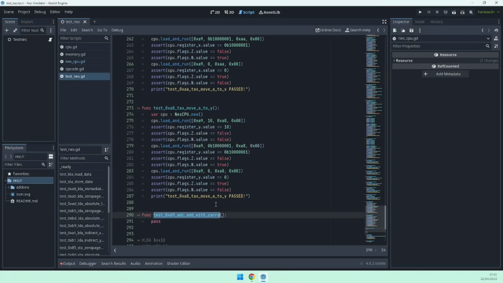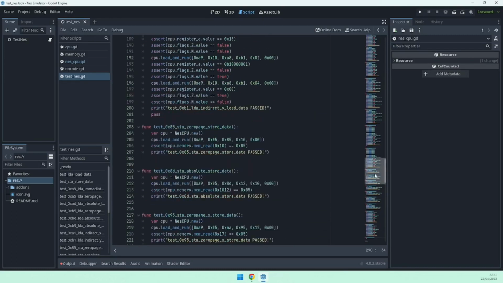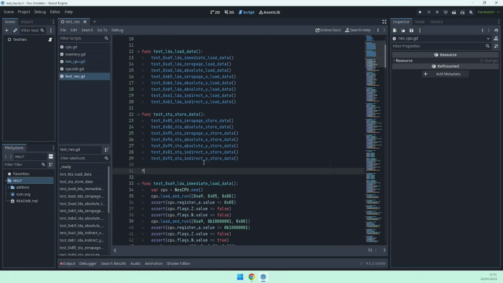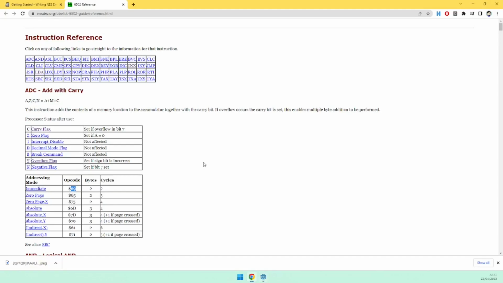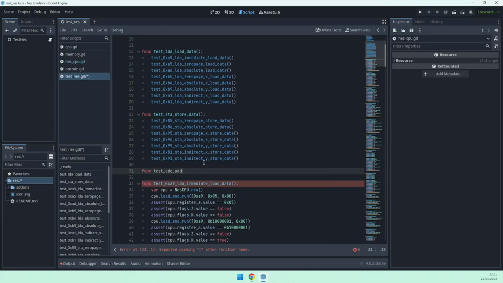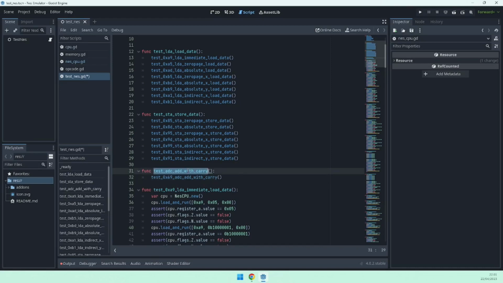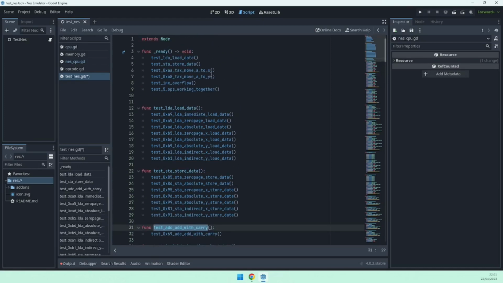Let's create a new group of tests. Func test ADC, was it? Yeah. Add with carry, and we are testing this function, and let's call this function after the LDA group.